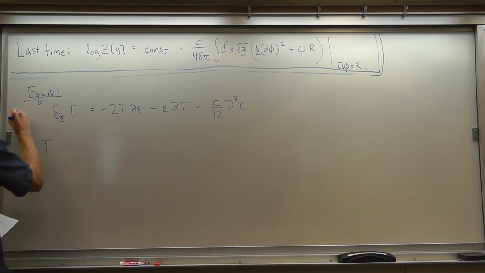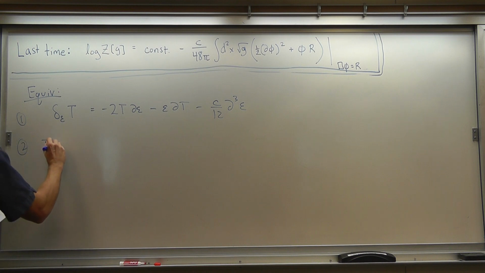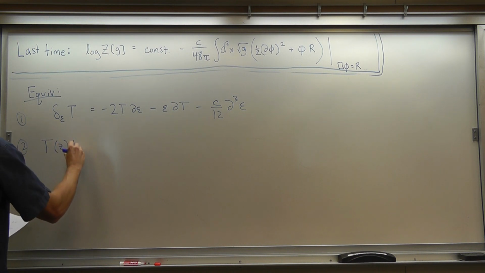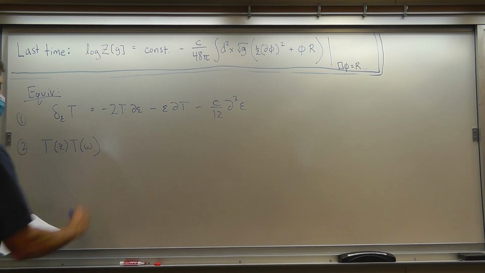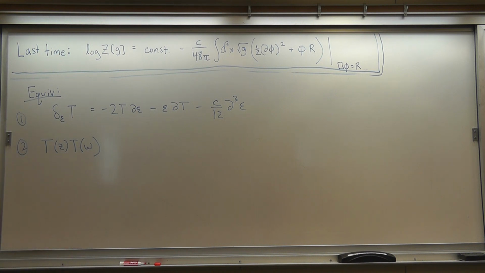Another way, these are all equivalent. Another way you can write this is by writing the OPE. So the OPE just means you bring these operators nearby and expand out.